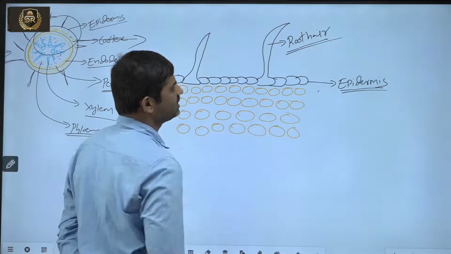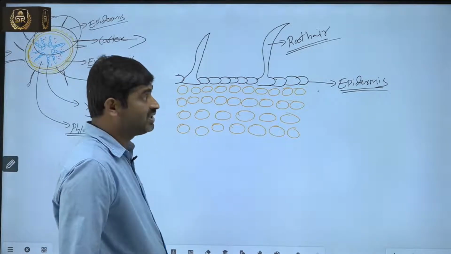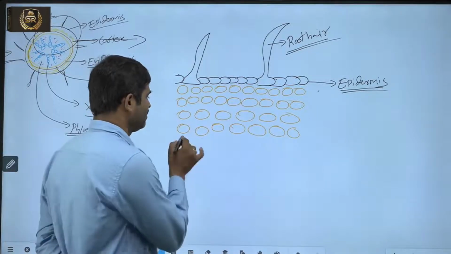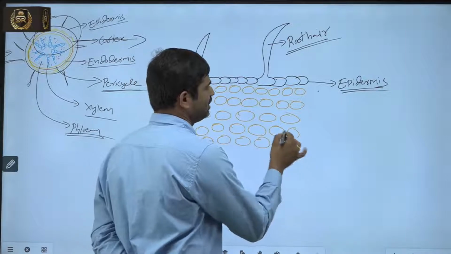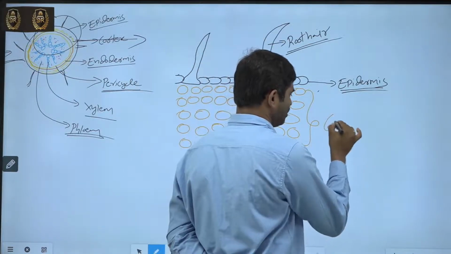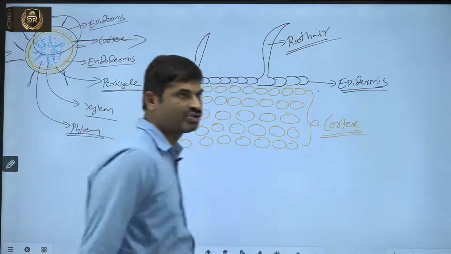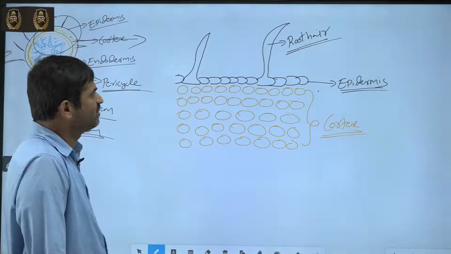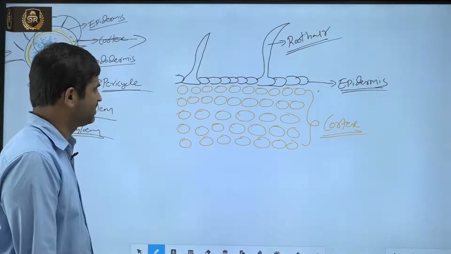This is the cortex. The root cortex is made up of parenchymatous tissue.